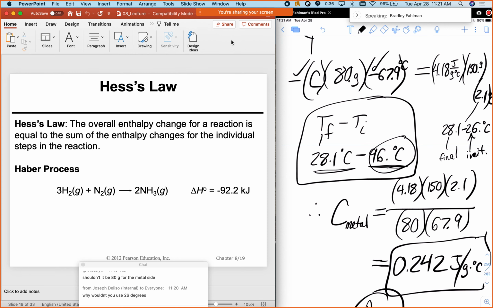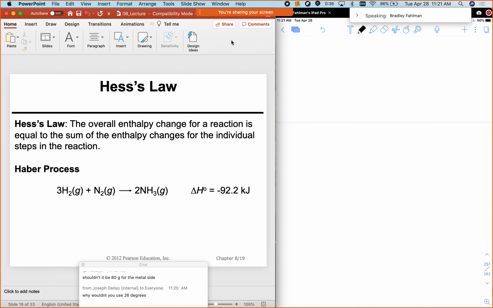Now let's talk about Hess's law here. Hess's law means that you can have an overall reaction that's composed of a bunch of steps. And if you know the energy that's released or absorbed by all of these steps, you can just add them up and get the total enthalpy change.